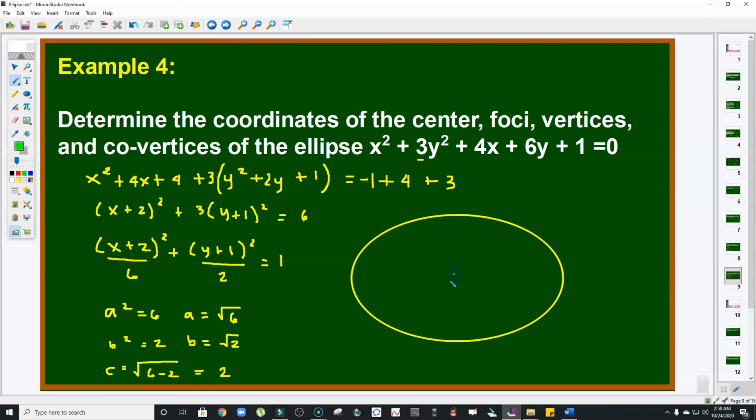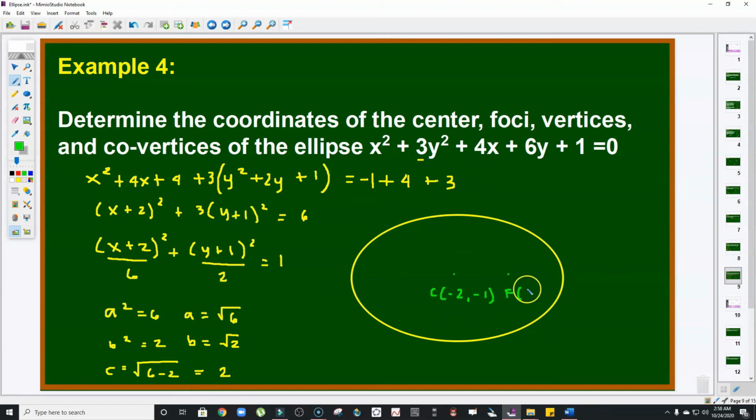Alright, ang center ko ngayon is, again, reverse the sign. Okay, so ang center ko ngayon is negative 2, negative 1. Alright, ang center ko, negative 2, negative 1. Now, so since focus is 2 units, so horizontal yan, take note. Okay, mag-add ako ng 2 dito.